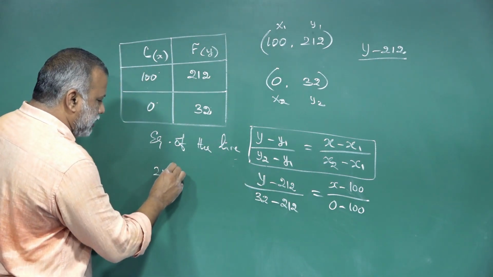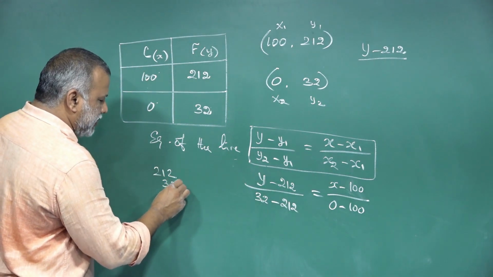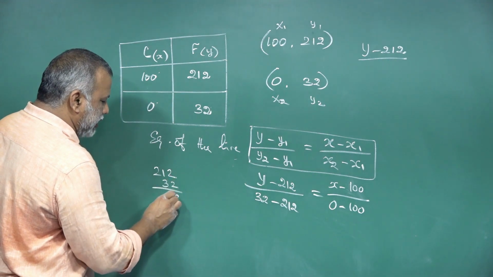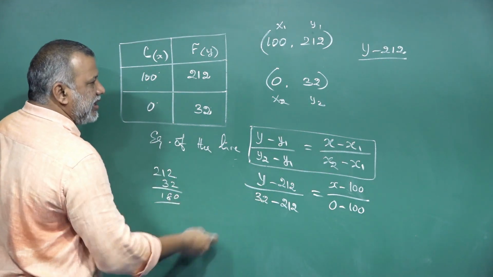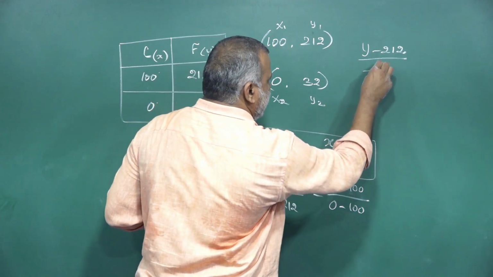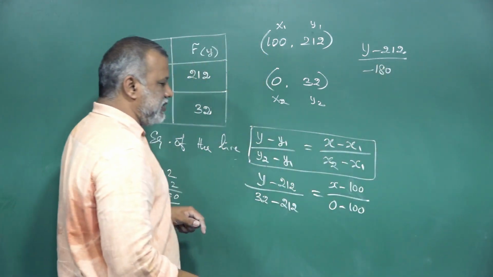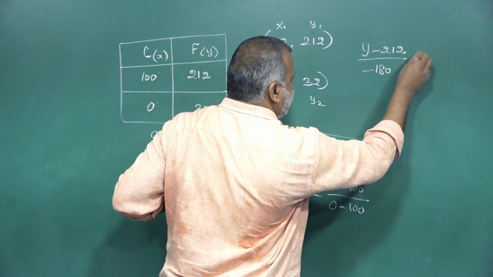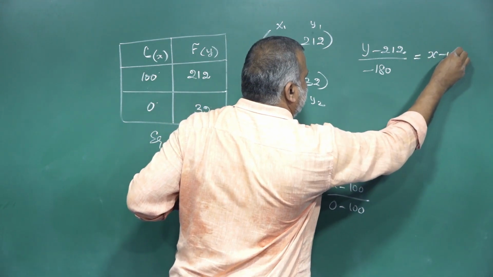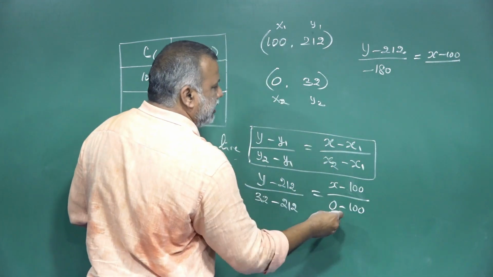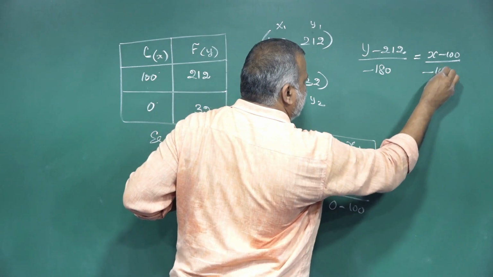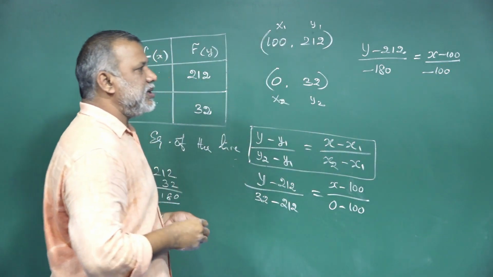Just subtract 212 minus 32, you can get 180 with the negative symbol. So in the denominator we can get minus 180. In your numerator once again x minus 100, divided by, here you can get minus 100.